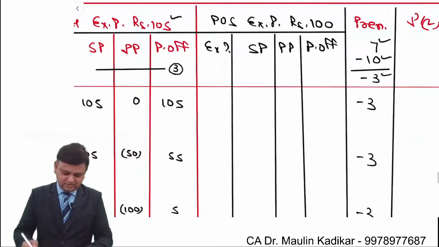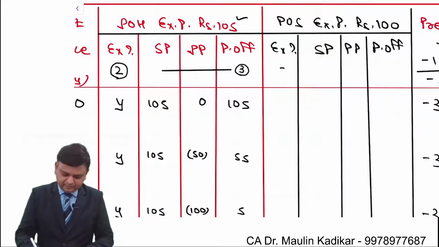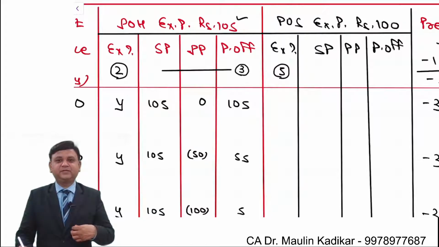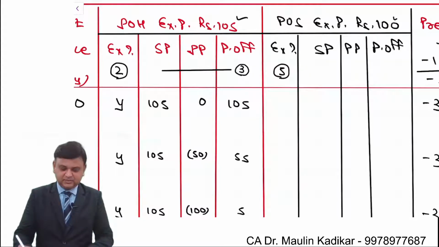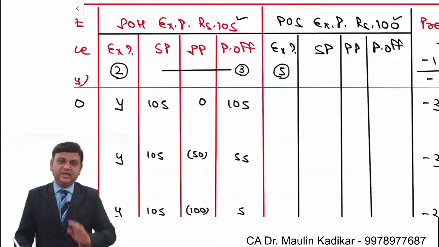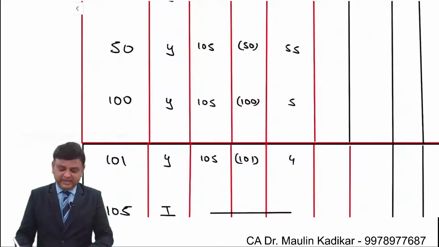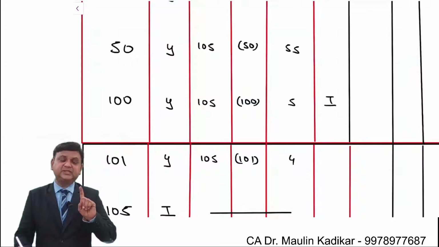Next, step number 5. I have sold a put option with exercise price of 100. So I have sold the right that you can sell the security to me at 100. The person to whom I have sold the right will be indifferent whether to exercise or not when the spot price is equal to 100, which is the exercise price.